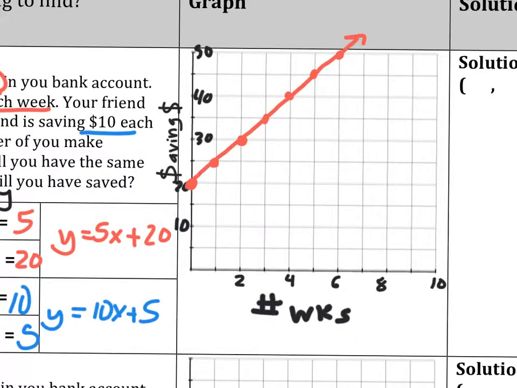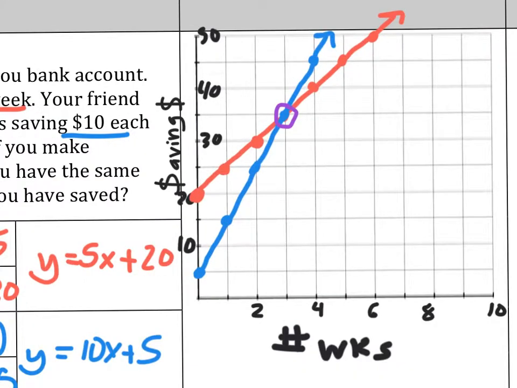So let's try the next one. Next one starts at 5 but goes up by 10, like so. So lucky for me, it actually works out pretty well on this one. Connect the dots. Oh, how beautiful. So that's the intersection, which is at week 3.